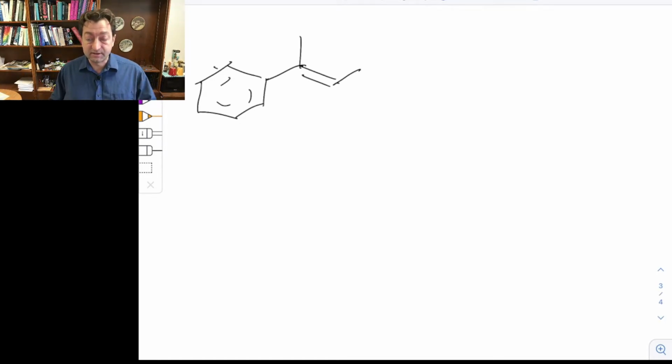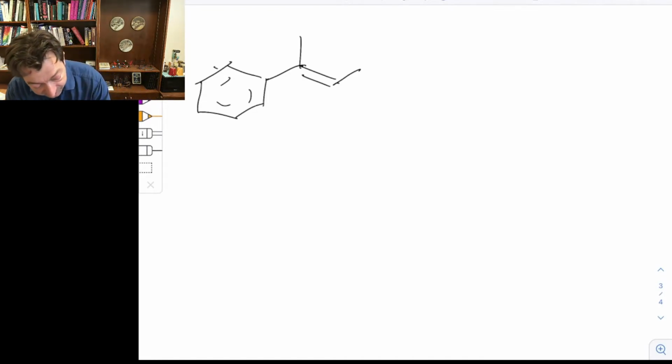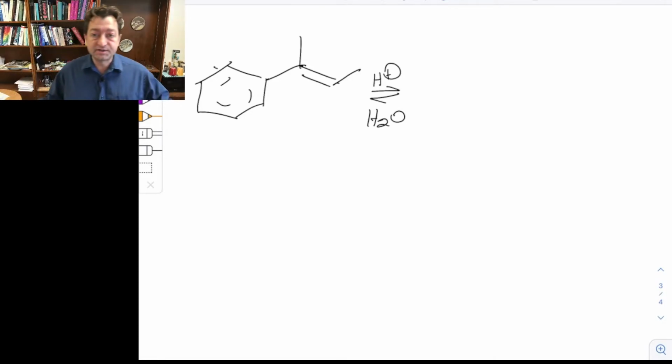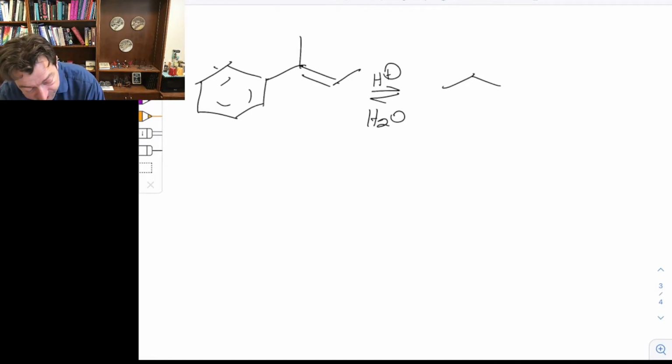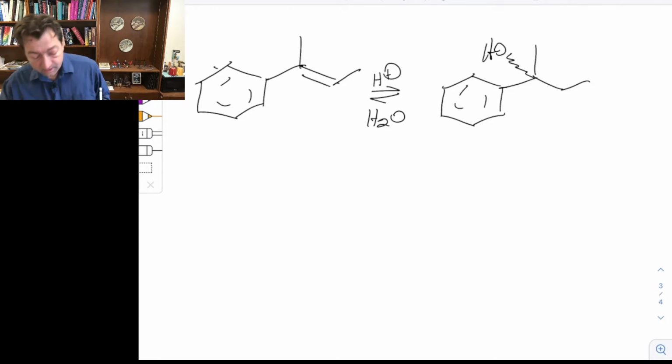If I take a substrate that looks like this, and if I expose it to conditions where that double bond would be hydrated, so H plus and H2O, again, just an excess of protons and water, the product that we observe would be a racemic mixture here.